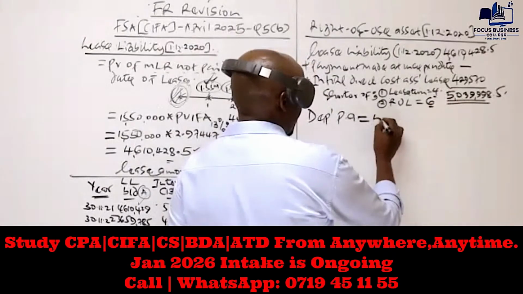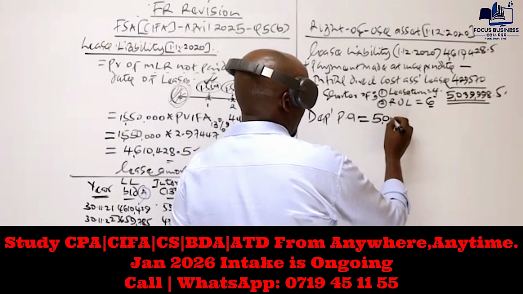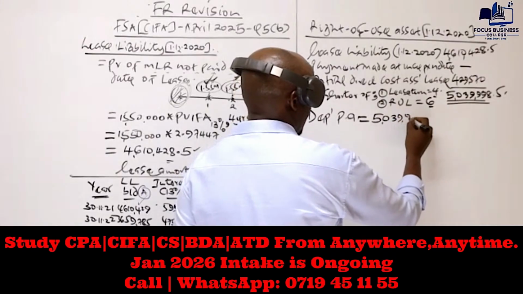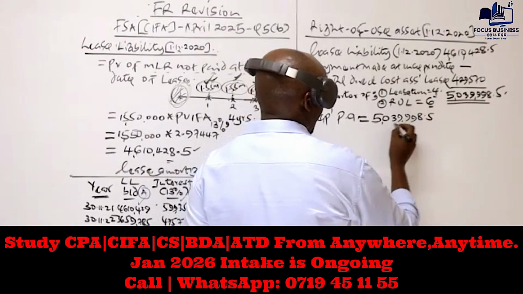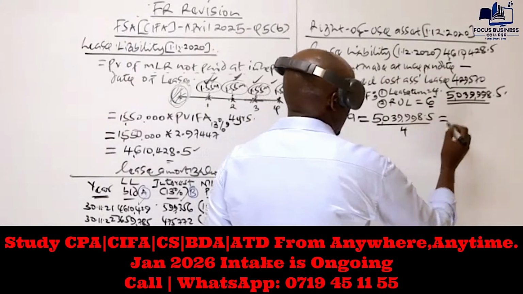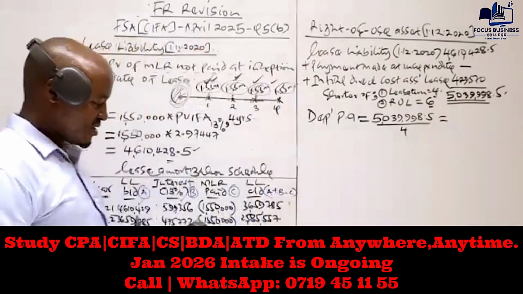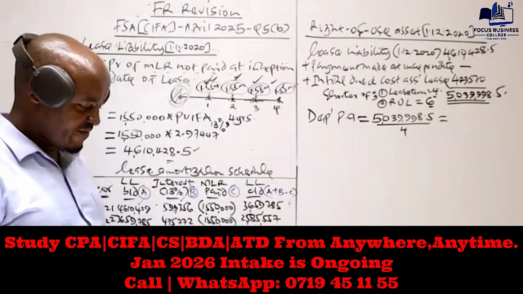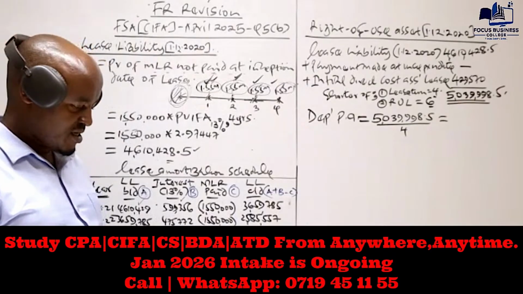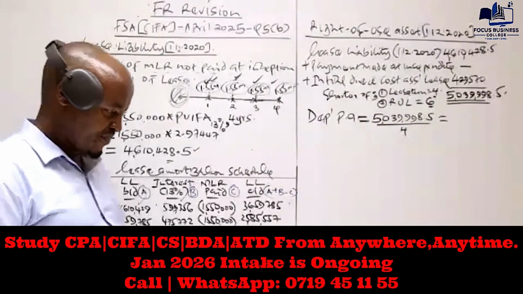To compute the depreciation per annum, we take the right of use asset, 50,39,998.5, and divide that by 4.